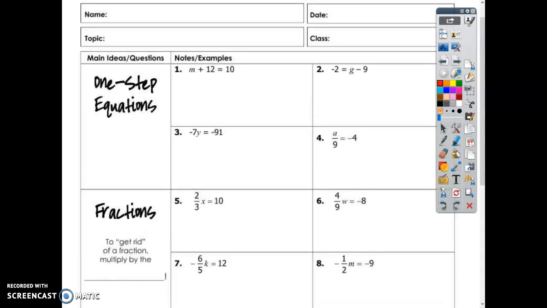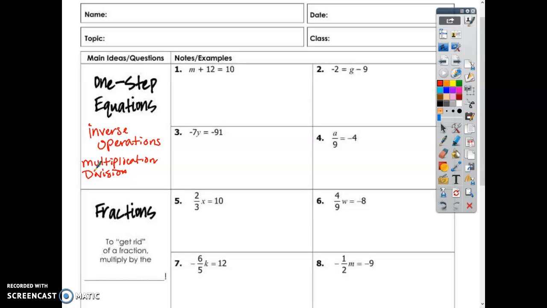So we're going to do inverse operations. Write this down. Okay? And inverse operations, the inverse of multiplication is division.